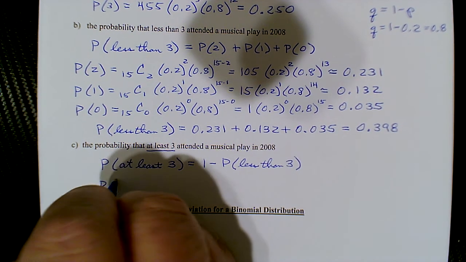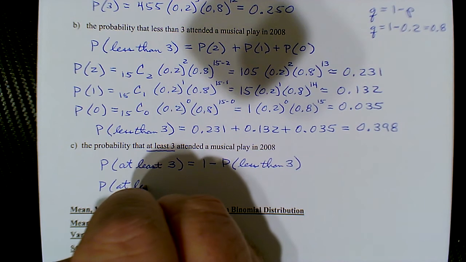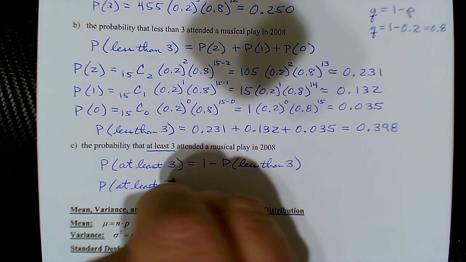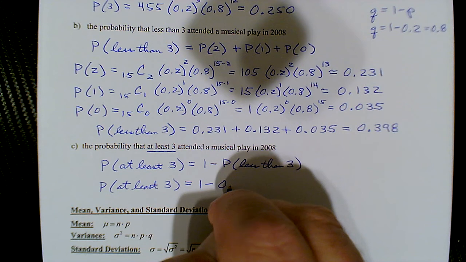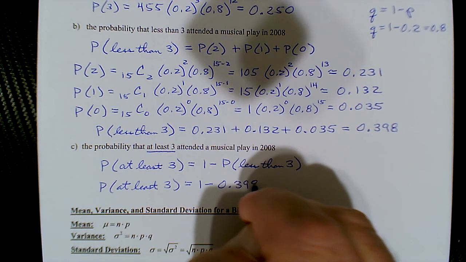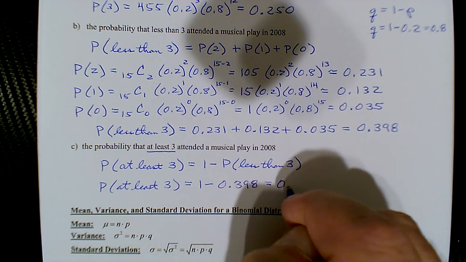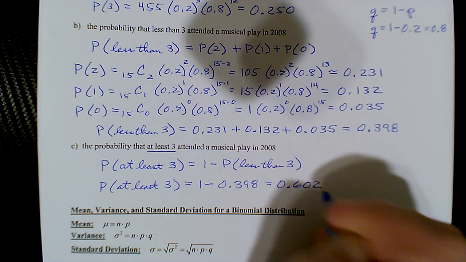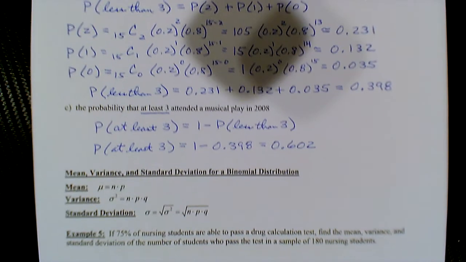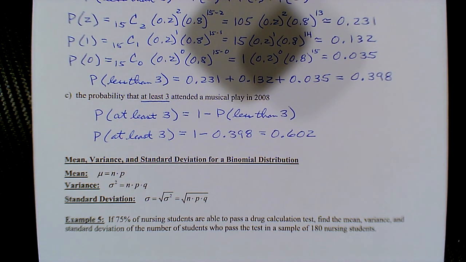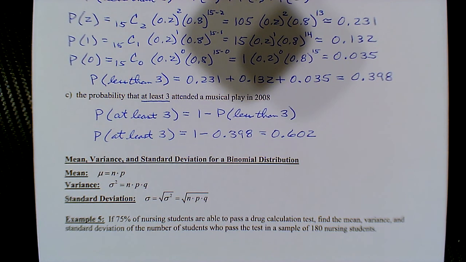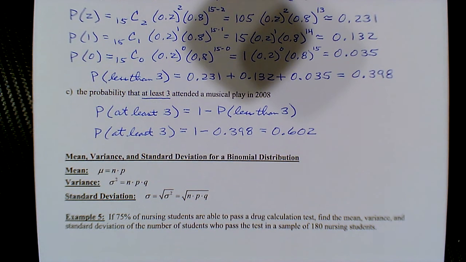So the probability of at least 3 in this part is just 1 minus the result that we just found, 0.398, which gives us 0.602. So a lot of times we set you up that way, where the previous part leads you to solving that final part by taking the complement.